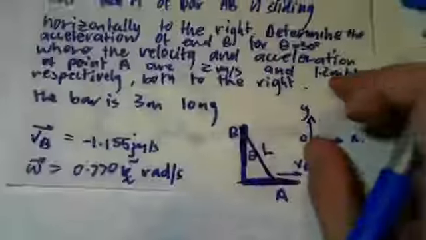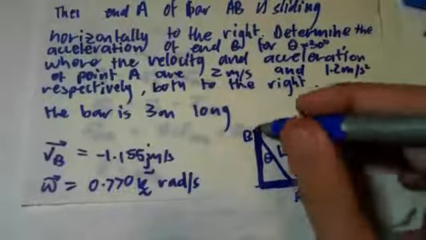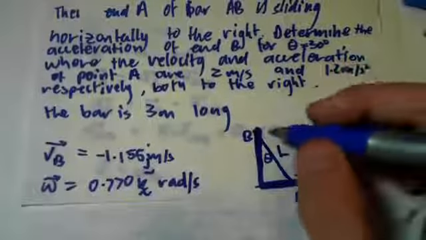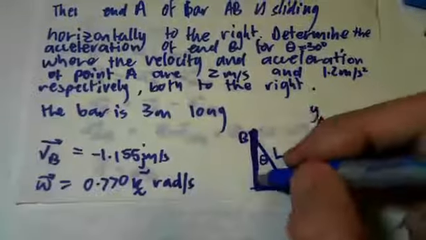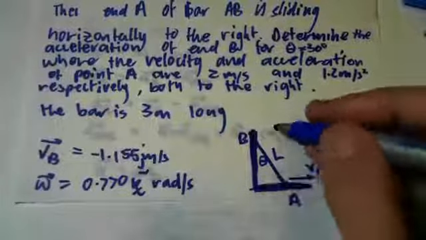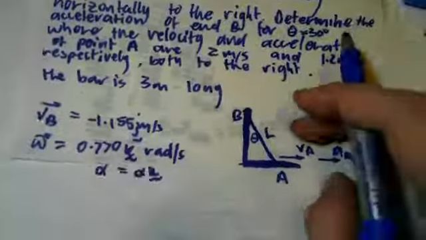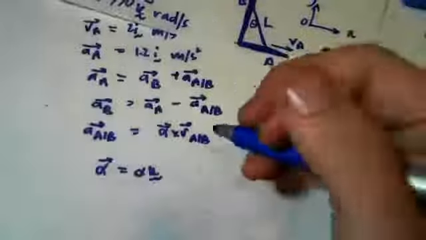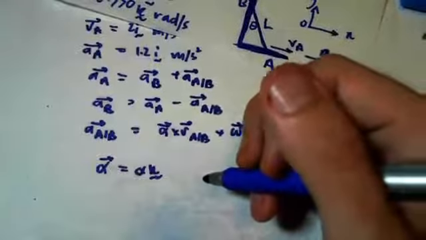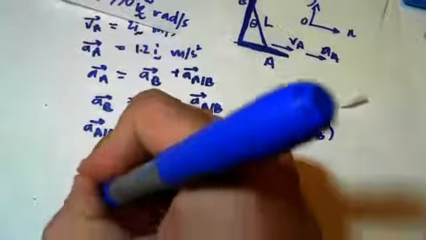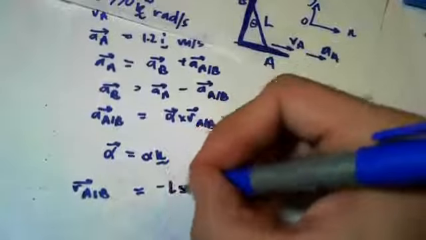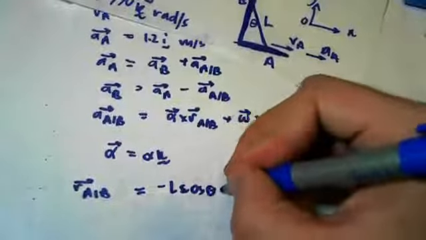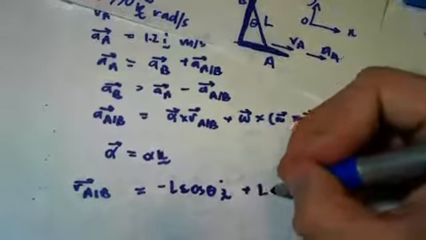If we look back at this diagram here, we can see our relative position, which is our r of A with respect to B, is the vector position from B to A. So this j plus this i, which is negative L cosine theta j plus L sine theta i.